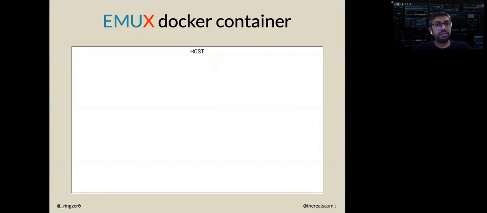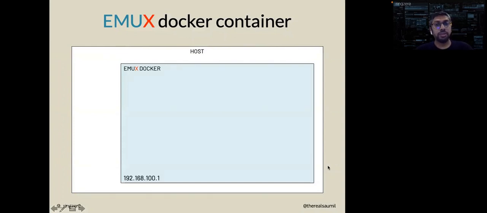The layout, briefly to explain the environment, how it is. You have your host. Within your host, you have the EMUX Docker container. Now, whenever you run the EMUX Docker container, you have an internal networking IP address assigned, which is 192.168.100.1.